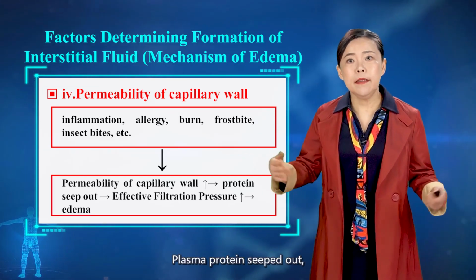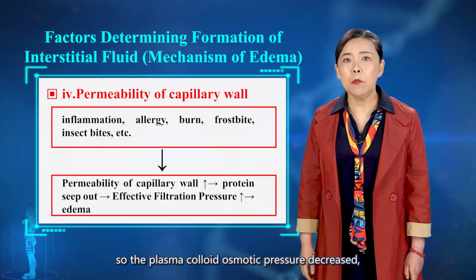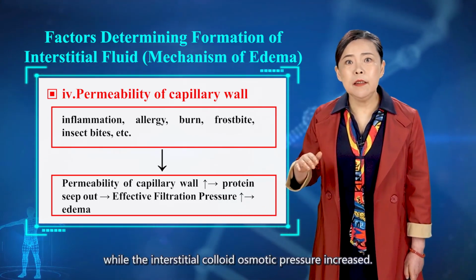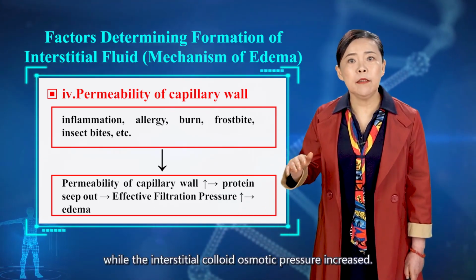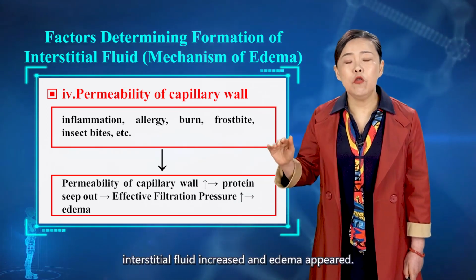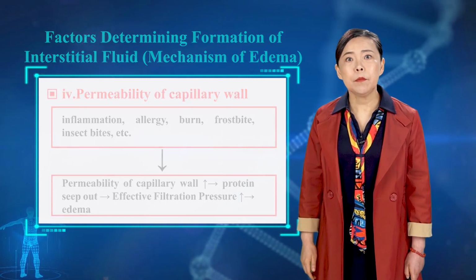Plasma protein seep out, so the plasma colloid osmotic pressure decreased, while the interstitial colloid osmotic pressure increased. As a result, interstitial fluid increased and edema appeared.